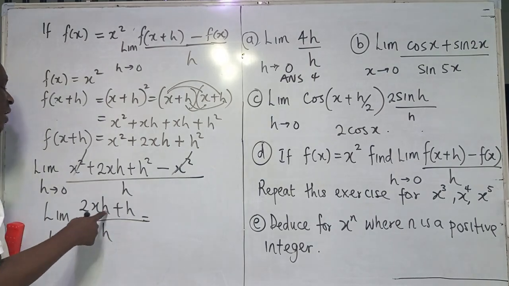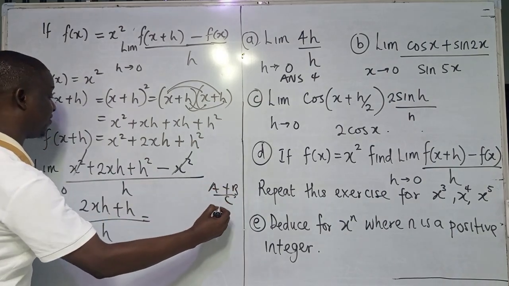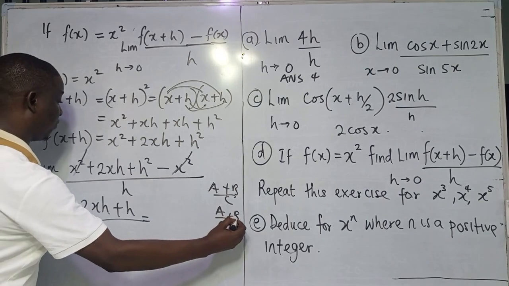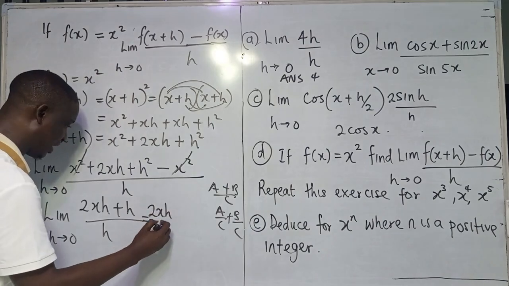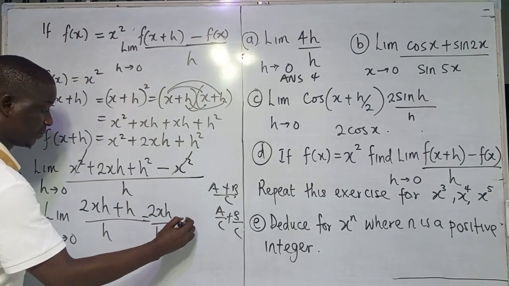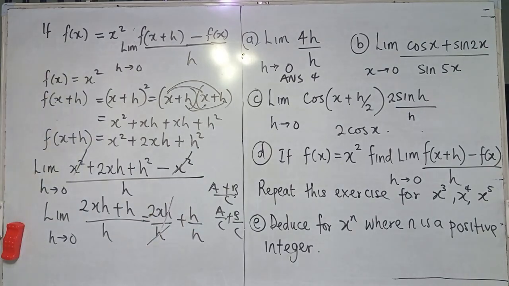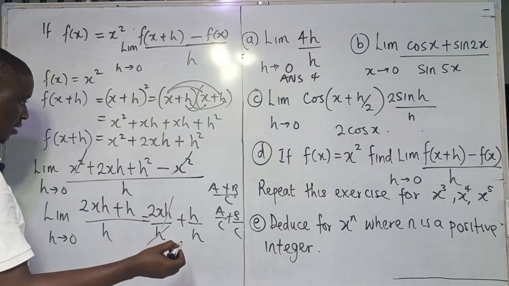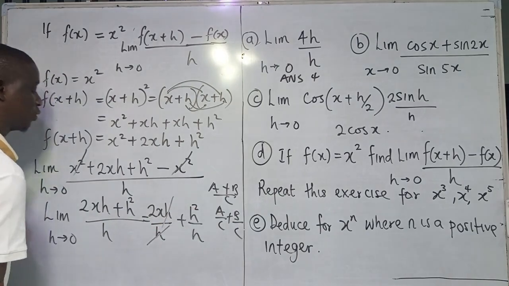Now remember, a plus b over c is the same thing as a over c plus b over c. So this is the same thing as 2xh over h plus h squared over h. So I'll cancel that. Sorry, this one is h squared.